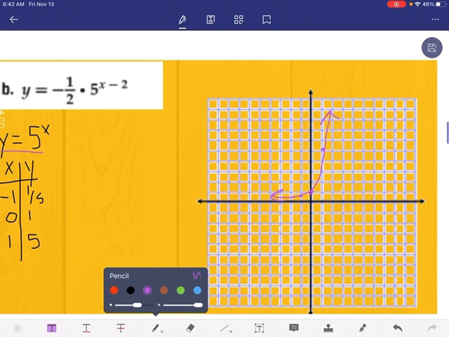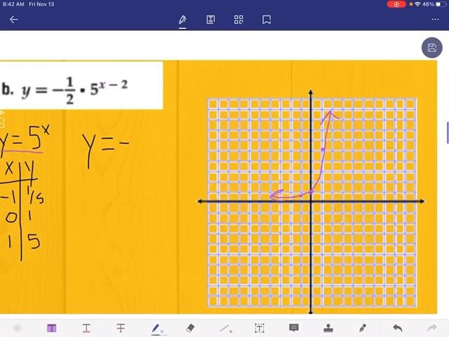But notice that we have an a value this time, which means that that's going to affect the overall shape of our parent graph. So we're going to go ahead and look at that same table, but we want to look at what that a value is going to do to that table. So notice that my inputs are not going to change. I'm going to multiply each of our outputs by the -1/2.